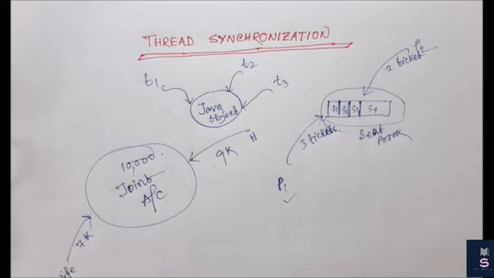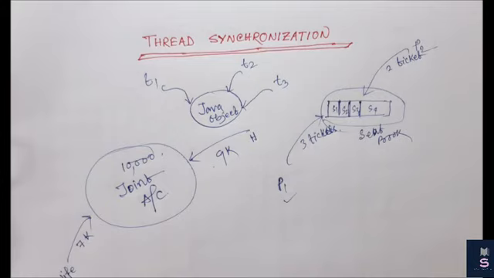If a method or block is declared as synchronized, then at a time only one thread is allowed to execute that method or block on a given object.